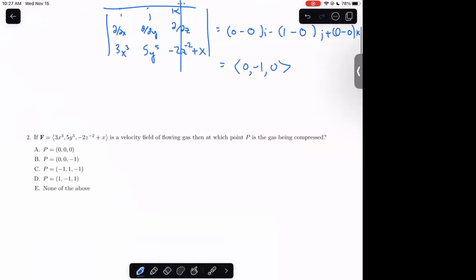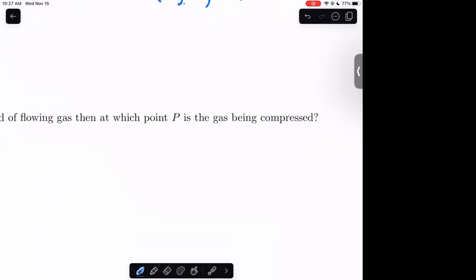Next one talks about the same vector field, but now this is a velocity field of a flowing gas, and we want to know at which point the gas is being compressed. So we need to remember something about compression and how this came up. You may remember that if the divergence of F was equal to 0, then this was incompressible.